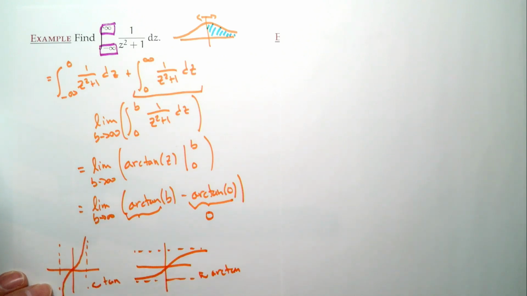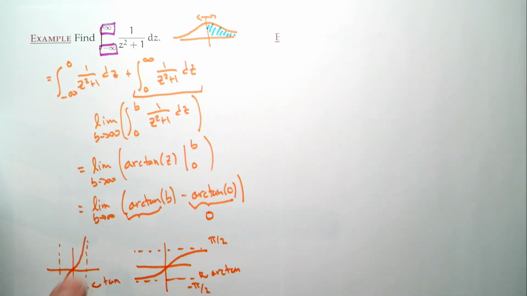Where are the vertical asymptotes of tangent? Well, 90 degrees, okay, but if we're in calculus, we say pi over 2. So pi over 2 is the top one. What's the bottom one? Negative pi over 2. So we know what the horizontal asymptote is for arctangent.